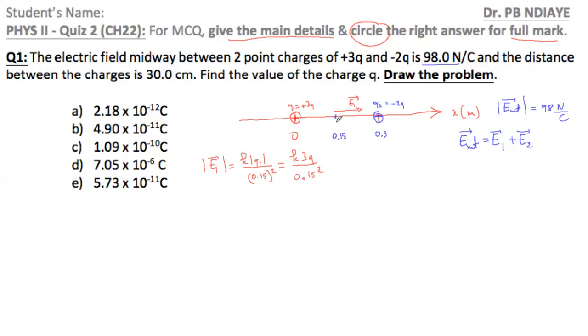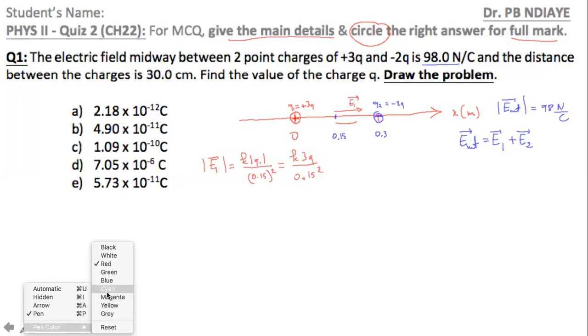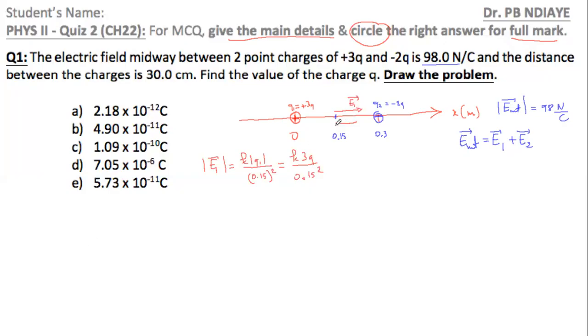I want the electric field created midway by charge 2. Charge 2 is negative, so it will be pointing toward charge 2. Let me put it in blue, for instance, to show you the difference. So E2 is pointing towards charge 2. Charge 1 is positive, electric field pointing away from charge 1.